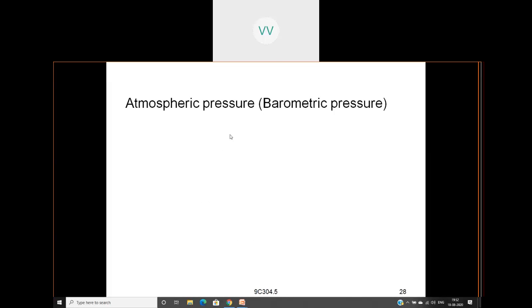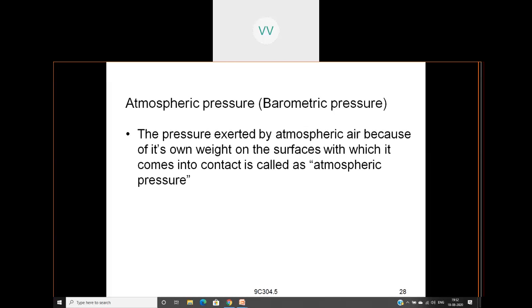Then atmospheric pressure, or barometric pressure: the pressure exerted by the atmospheric air because of its own weight on the surfaces with which it comes into contact is called atmospheric pressure. So that means the pressure which is developed by the atmospheric air.